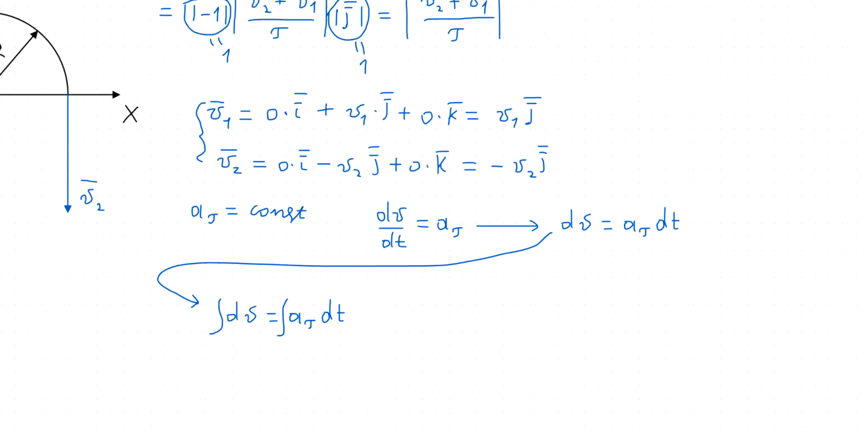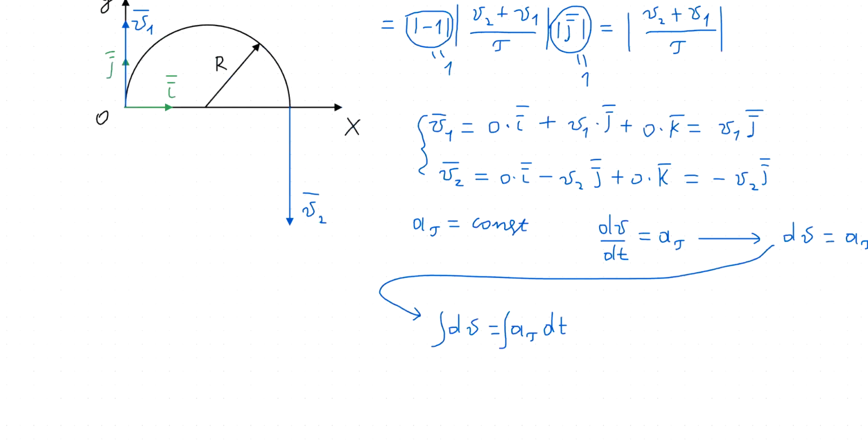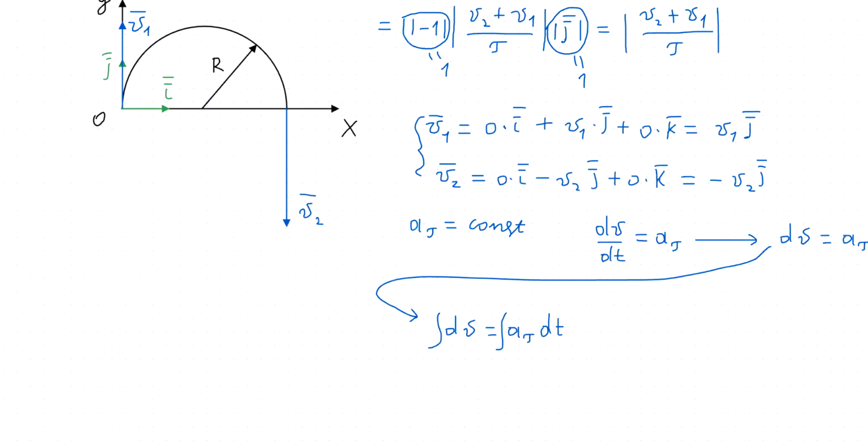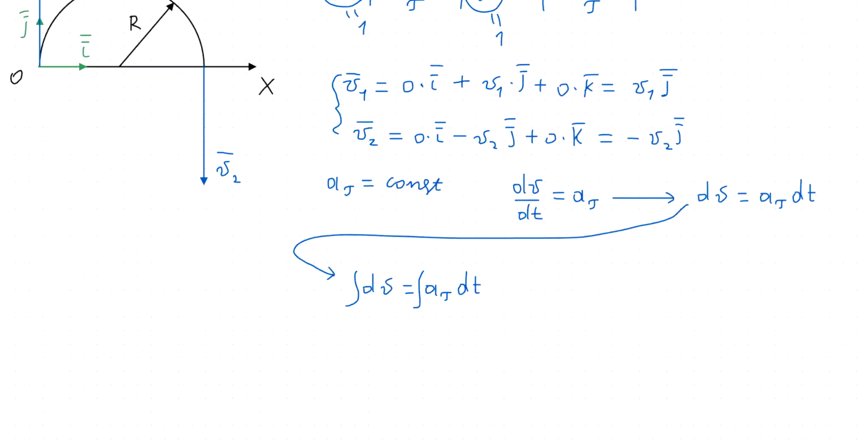It may be done using the initial condition. The initial condition is that at initial time moment 0, we have initial velocity v1.